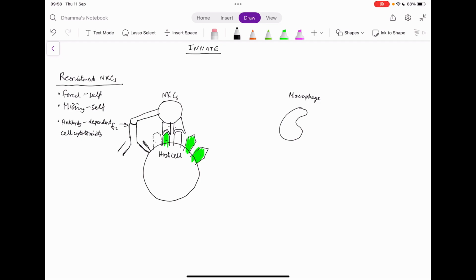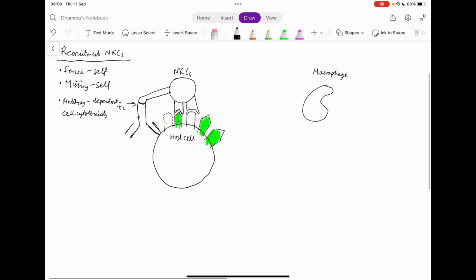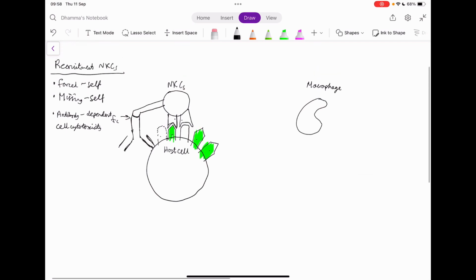There's one more way in which they can be recruited, and that's outside of this host cell, and that is using these macrophages. So there's a relationship between NKCs and macrophages. Macrophages here release cytokines, as we mentioned, the little bombs, or I like to think of them as little bombs, but one in particular, sorry, apologies, these are interleukins.